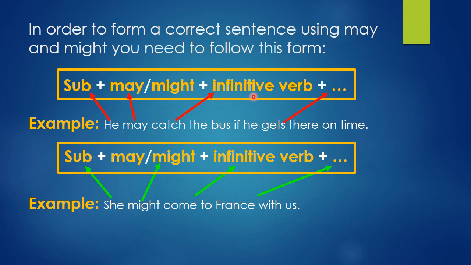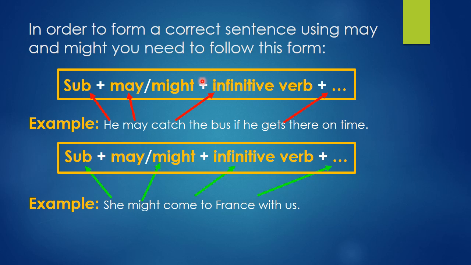Infinitive verb. An infinitive verb is the base form of a verb, which means a verb with no additions to it. Like catch here, for example. In the normal state we say he catches, let's say, the ball or the bus.